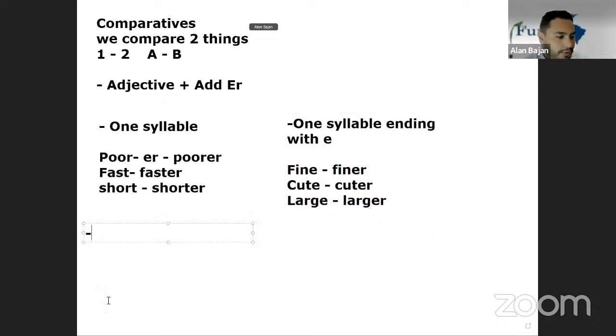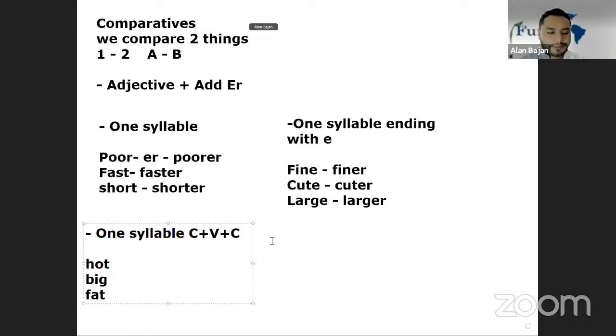Then we have consonant, vowel, consonant, and one syllable adjectives. What's that, teacher Alan? For example, consonant, vowel, consonant.